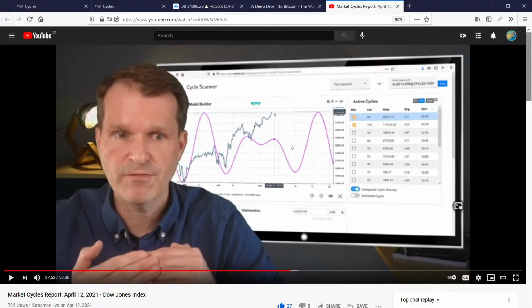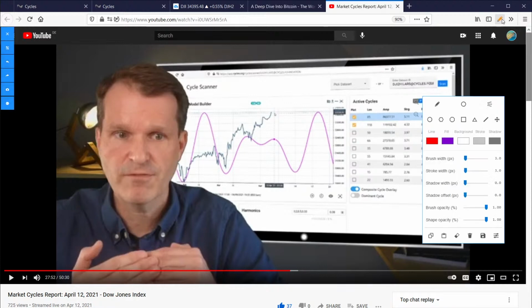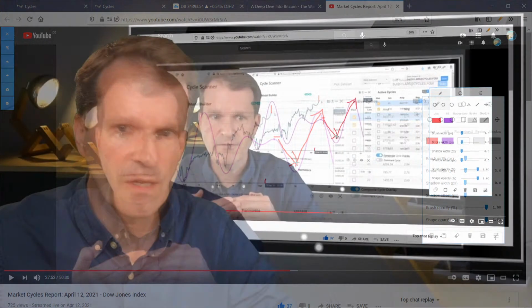I will recall this forecast in our cycle scanner again. On the right-hand side, this is the projection we did at this point in time, on the 12th of April, where we projected this path just based on cycles for the Dow Jones on the 2-hour chart.